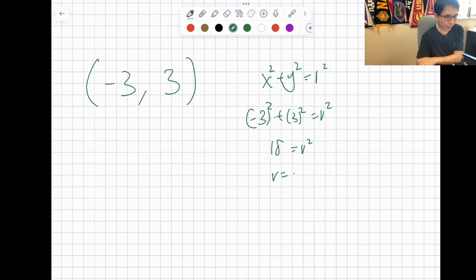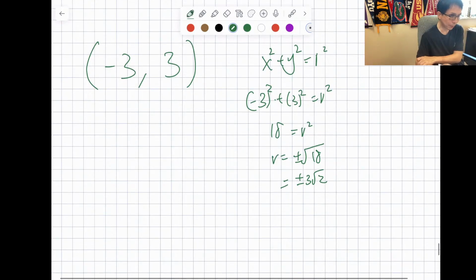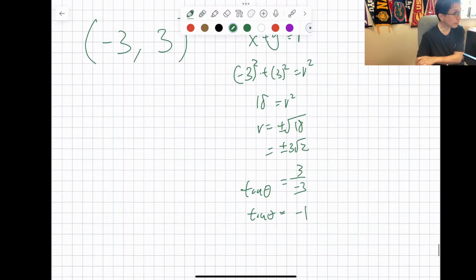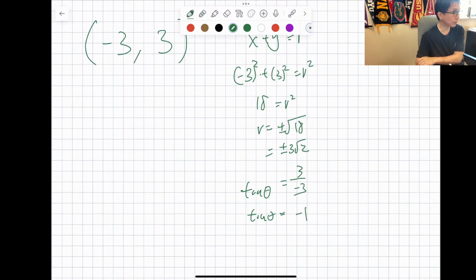So r is equal to the square root of 18, which is 3 root 2. It's a plus minus, right? Then we can pick out tangent theta is equal to 3 over negative 3, which is negative 1. When is tangent theta equal to negative 1?